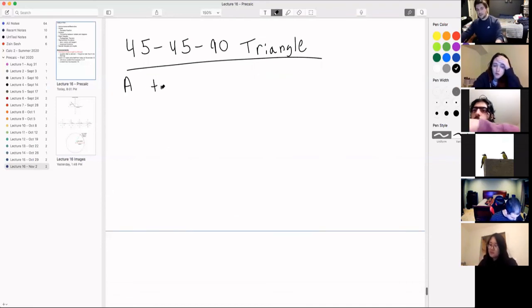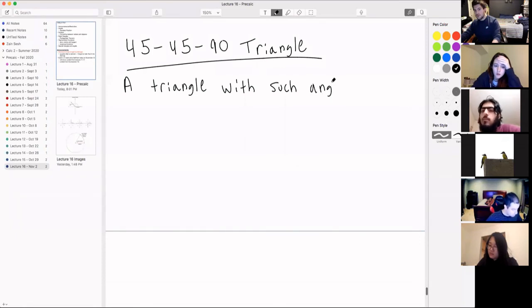So a triangle with such angles. What I mean by that is it has angles 45 degrees, 45 degrees, and 90 degrees.